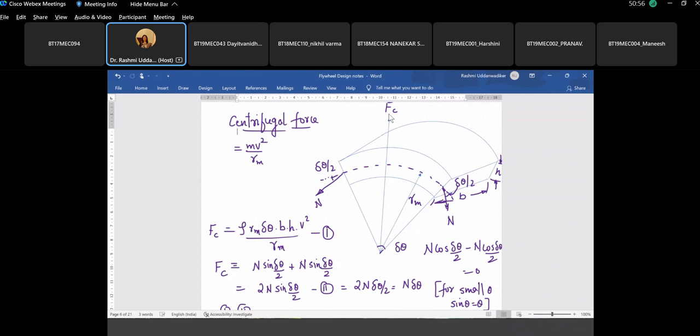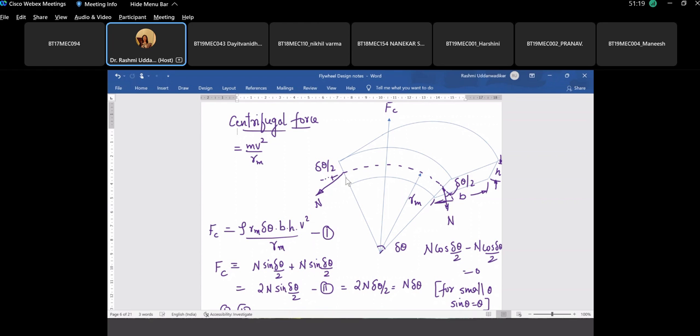So this is another question for your interview. If an object is rotating, the centrifugal force is always acting radially outward. What is the direction of centrifugal stress? So it's because of this particular force that it is trying to shear off the entire rotating object into a number of small pieces.